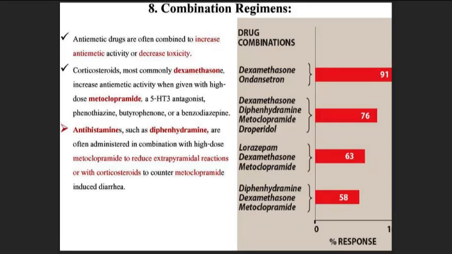Now look at the picture of the brain which highlights the different receptors located at different regions, and once these are stimulated they directly stimulate two main areas which control emesis, that is the vomiting center and the chemoreceptor trigger zone.